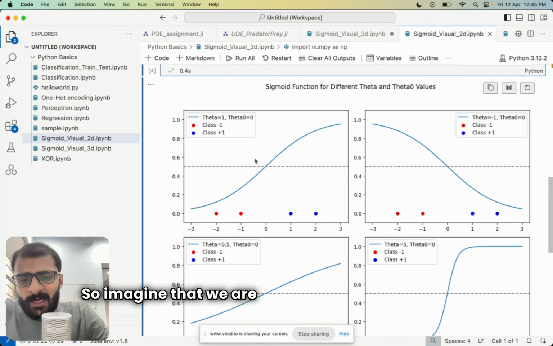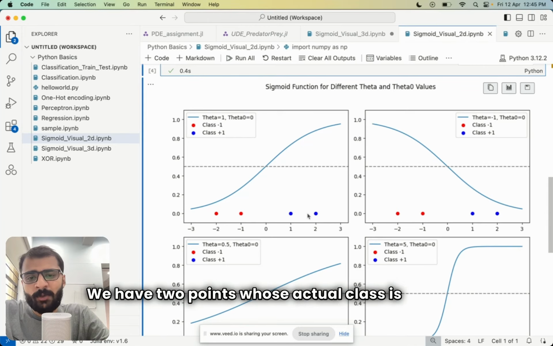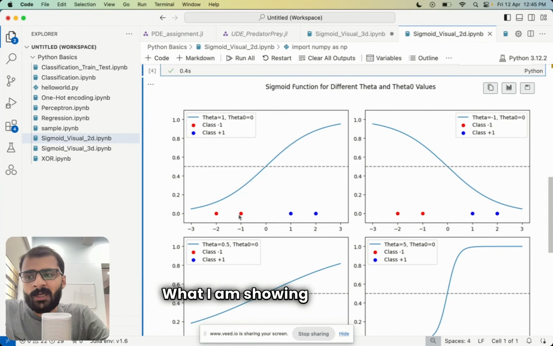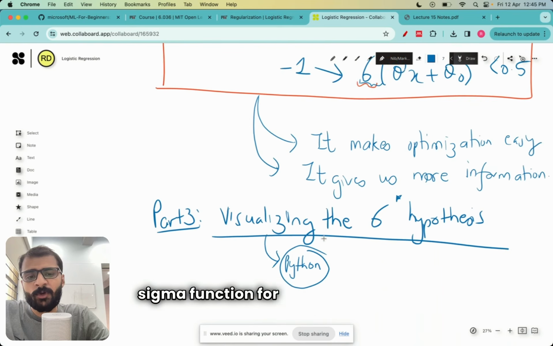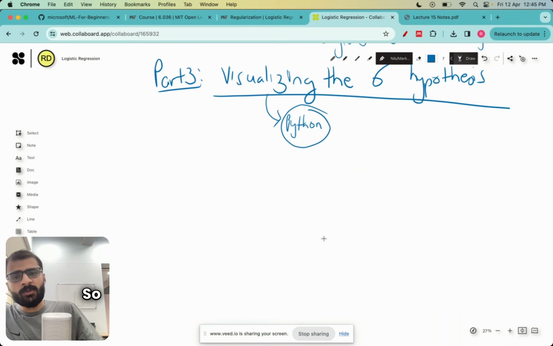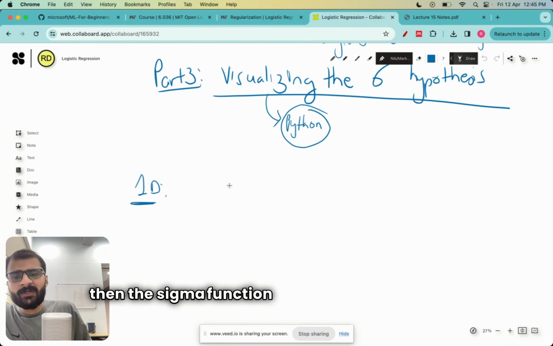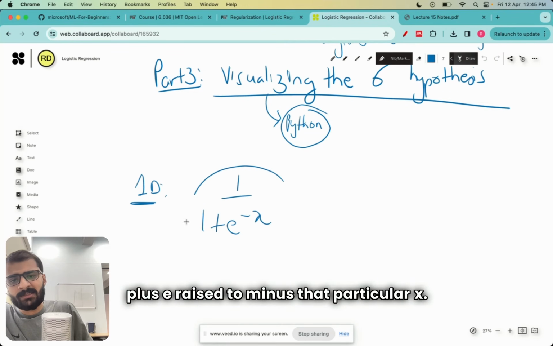So imagine that we are in one dimension right now. We have 2 points whose actual class is positive and 2 points whose actual class is negative. What I'm showing here is the sigma function for these 4 points. If you have just one dimension, then the sigma function will be just 1 upon 1 plus e raised to minus x.